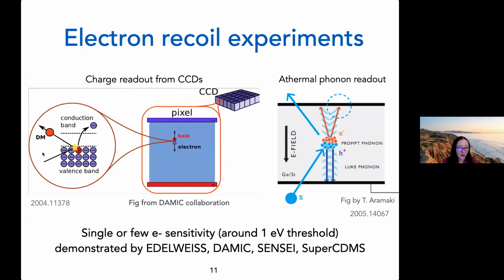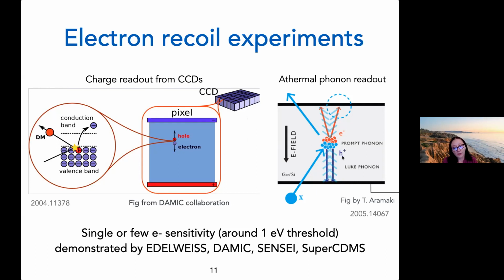The idea is the dark matter will come in to excite an electron from the valence band to the conduction band. The electric field drifts the electron here. The hole that's left behind is drifted there. And this is essentially collected at the end and read out in the form of this CCD. So this is a charge readout. It's directly reading out this electron.